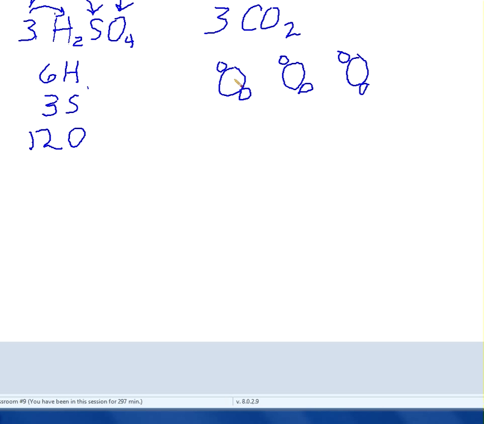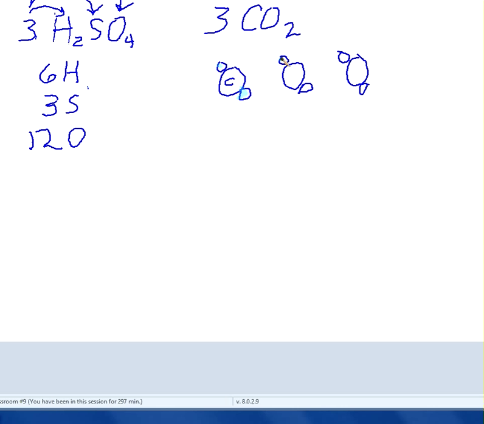So the one in the middle is the carbon. And these 2 on the side are the, let's see if we can actually paint them. These here are the oxygen. There's an oxygen there. There's an oxygen. So there's 1 carbon with 2 oxygens, just like up here. 1 carbon atom, 2 oxygen atoms makes up 1 molecule of carbon dioxide.